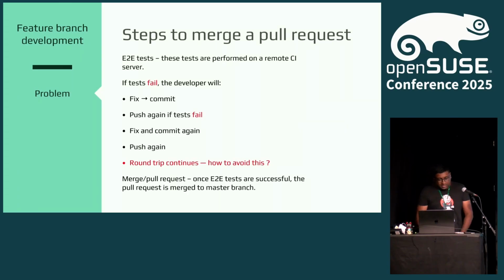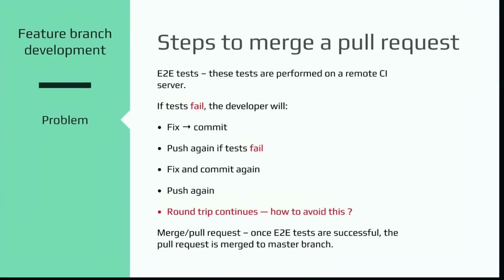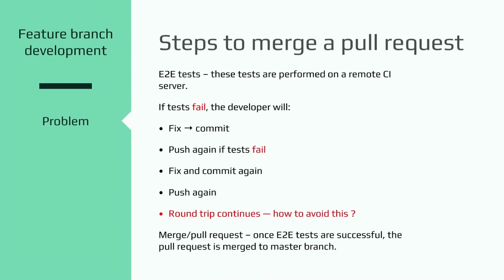Okay. So the problem with that, when you have those tests remotely, say end-to-end tests remotely, what happens is you write the code and you raise a pull request, and then the testing happens on a remote CI/CD system like Jenkins or some other pipelines.